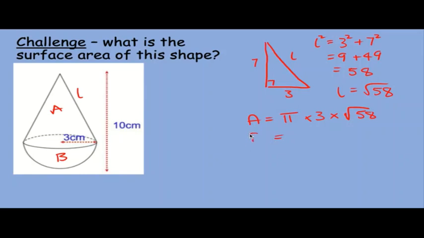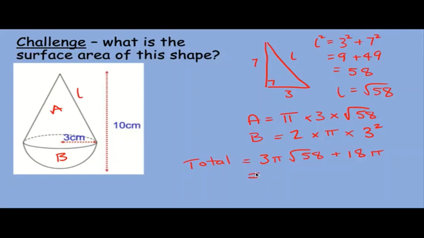And then B, instead of 4 pi r squared, we know it's going to be half of that. So we can just say we've got 2 times pi times 3 squared. So our total, right, we've got 3 pi root 58 plus 3 times 3 is 9, plus 18 pi.